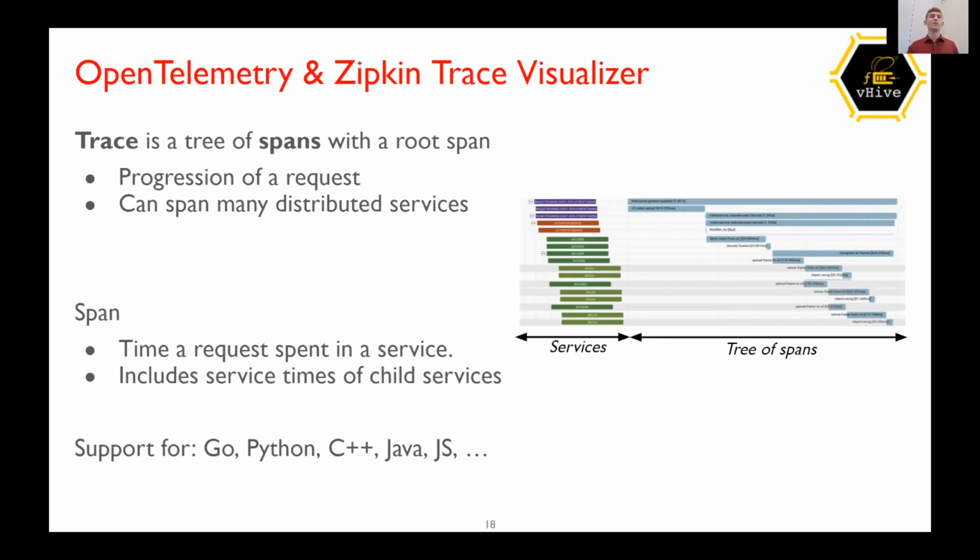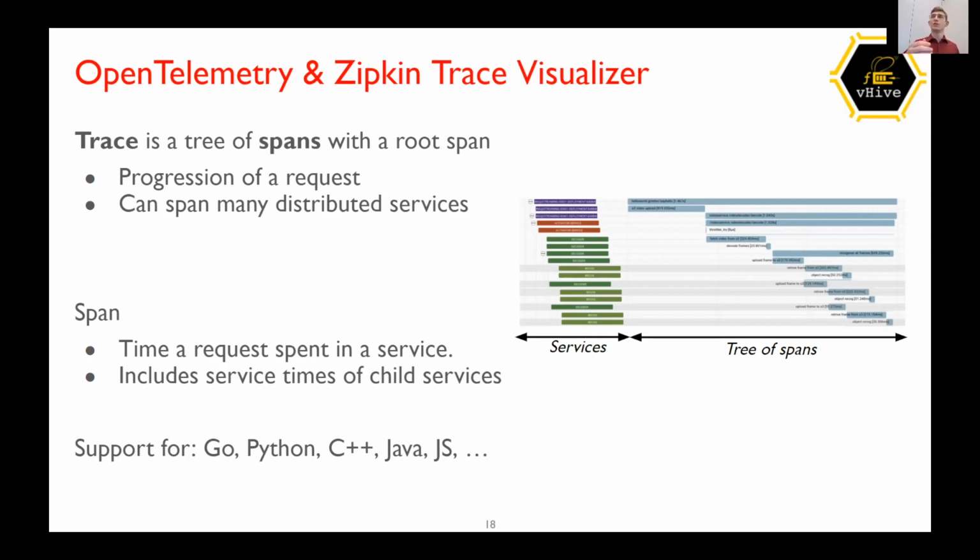an example of which you see on the right side, where you can see all the services and then the tree of how the latency was spent. So a bit of terminology: a trace is the progression of a single request and how it goes through the entire stack. Each stop on this request's journey is one span. A span is the time that it spends in a very specific service, which will include services that are called by this service.